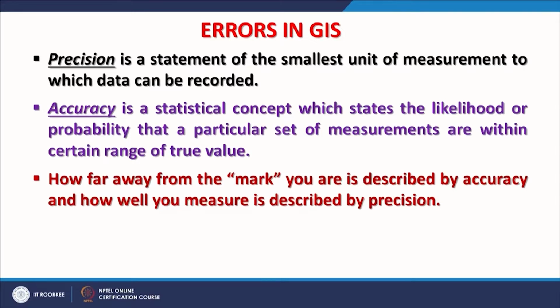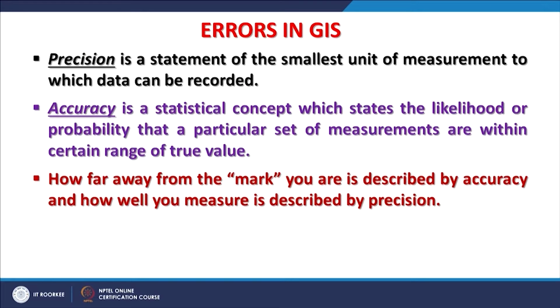But the measurement which we are using, a scale or a sensor or a system, will have its own precision. So, two terms, precision and accuracy, are very relevant in the discussion of errors in GIS, but completely different, so they should not be used interchangeably or synonymously. In the case of accuracy, we say that it is accurate by some percent or with some units, so it may fall within 5%.